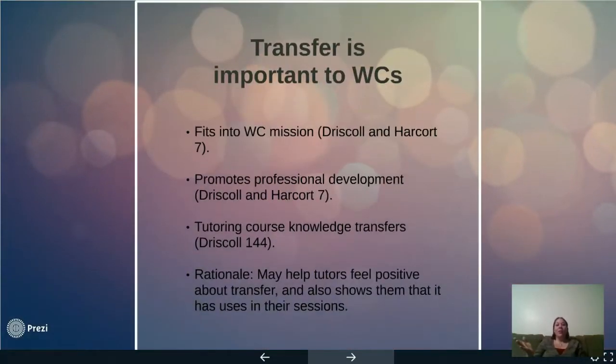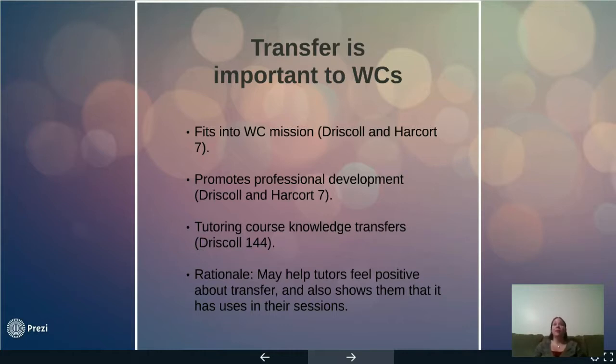We're going to start with our most vital area of knowledge, that being that transfer is important to writing centers. It fits into our mission to make better writers. It promotes professional development among tutors and allows them to transfer those things. A really important point is that tutoring course knowledge does transfer to other academic and professional contexts.